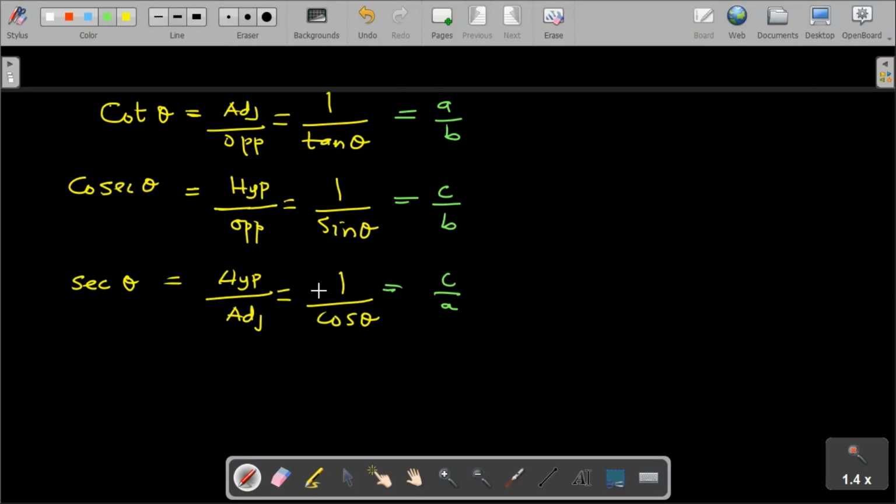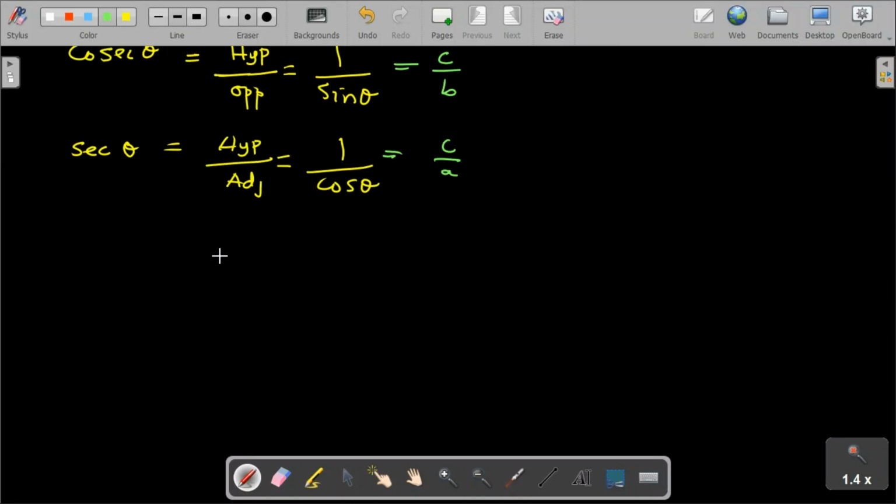Now, we can combine the idea of the Pythagoras theorem and the various trigonometric ratios that we have obtained. From our triangle, let's redraw the triangle again.